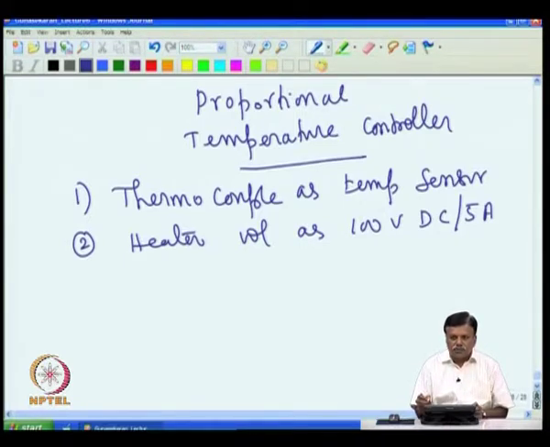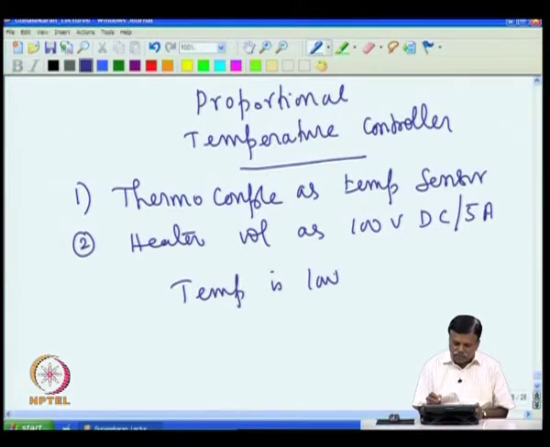Because if you see the on-off temperature controller, there the controller was working basically like this: if the temperature is low, means lower than the set temperature, then the heater is on.